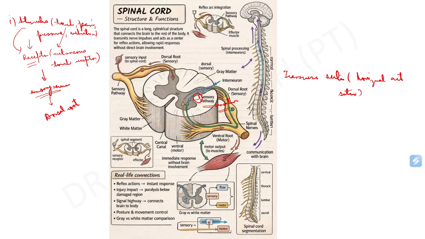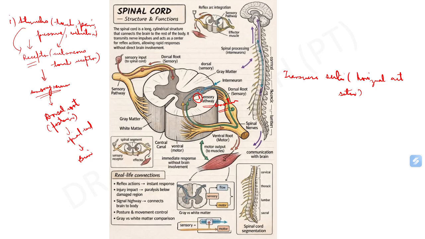Dorsal root is that part of your nervous system that collects information from a sensory neuron and is located in the posterior part of the vertebral or the spinal column. Okay. This dorsal root sends information to your spinal cord and finally to the brain.